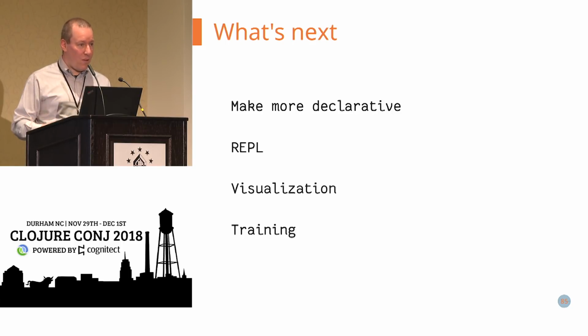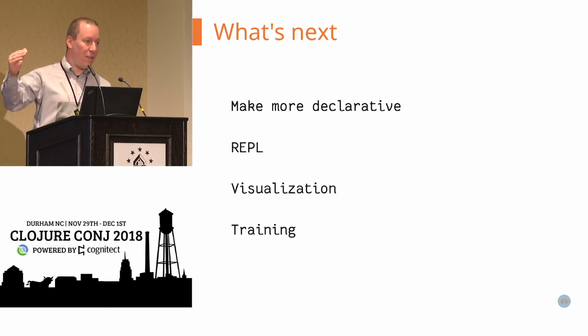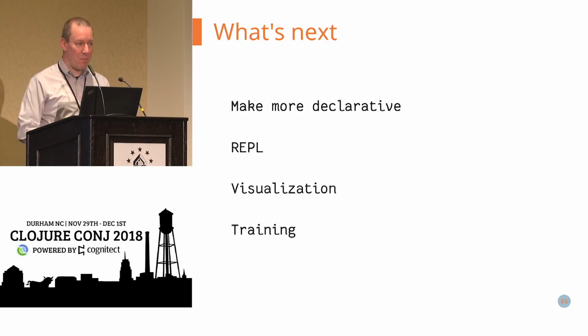Data visualization, we're working in a physical kind of visual medium. We're working with folks who work with things visually. We want to be able to not just show data structures, but have some way to visualize those. And I'm kind of inspired by the Rebel talk yesterday, and of course, training that we would like to continue to improve.